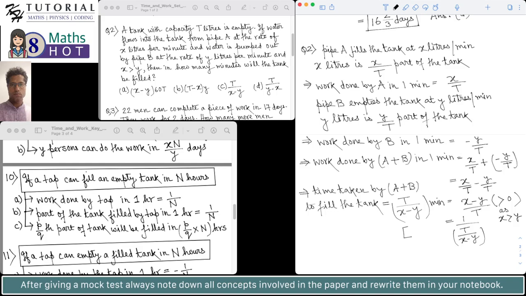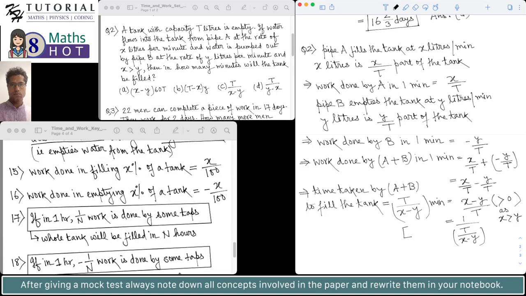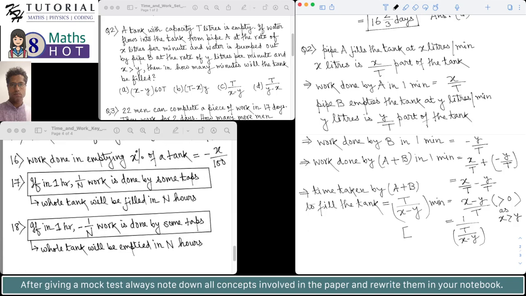Concept 7 is that if in 1 hour 1 by n work is done by some tap, then the whole tank will be filled in n hours. In the concept I've used the unit of time as hour, but it can be anything. It could also be minutes or days. Why filled? Because n is positive.